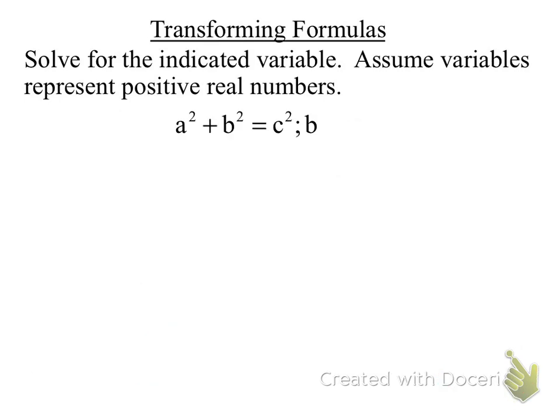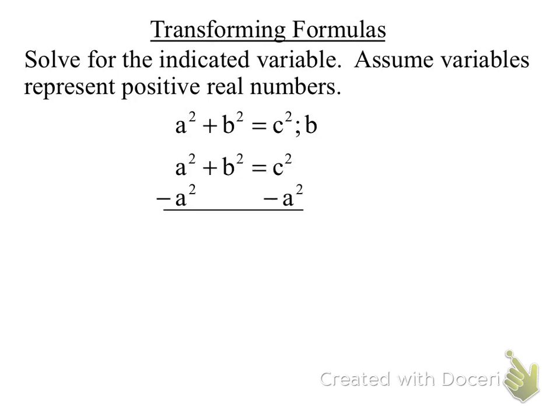We're getting b alone, from our Pythagorean theorem. How about Julia? What would I do first? Subtract a squared.